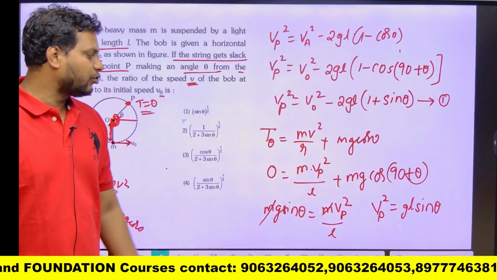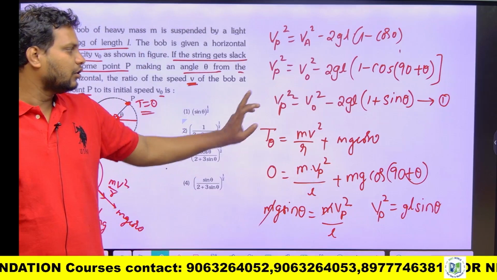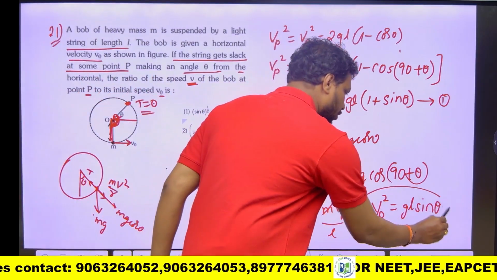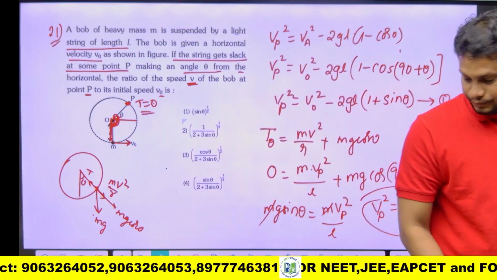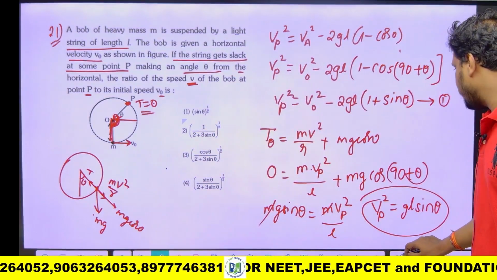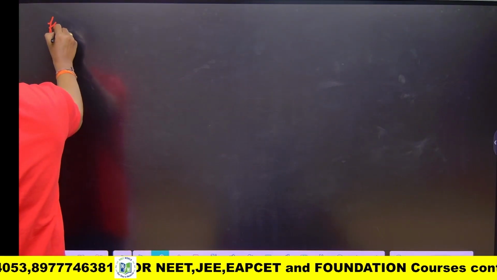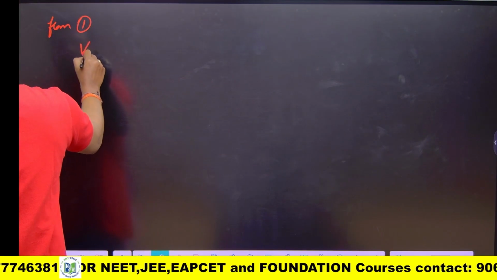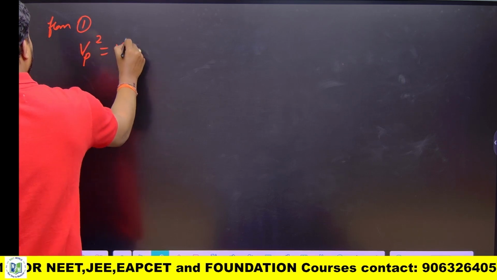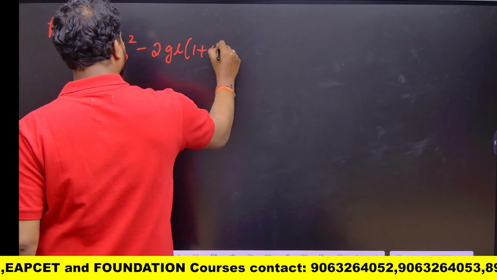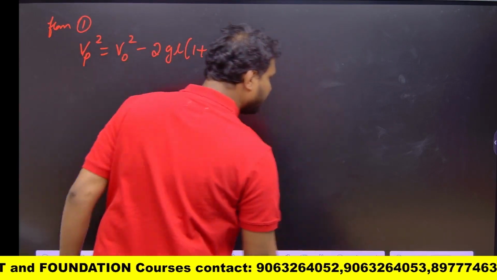Now by substituting this Vp square value here, you will get the value of V naught square. Then we will divide both, and you will get the required answer. Now I'll take equation number 1. From equation number 1, we can write Vp square is equal to V naught square minus 2gl into 1 plus sin theta. This is the value we got here.